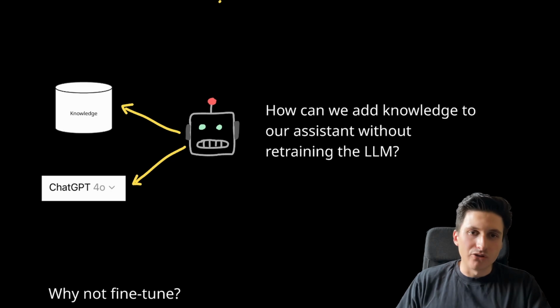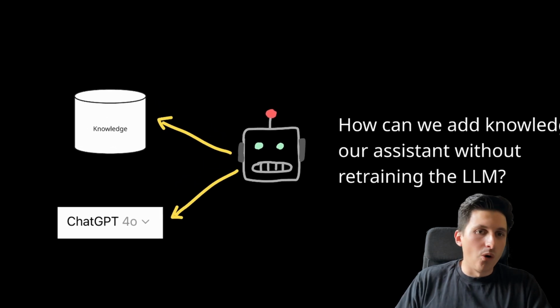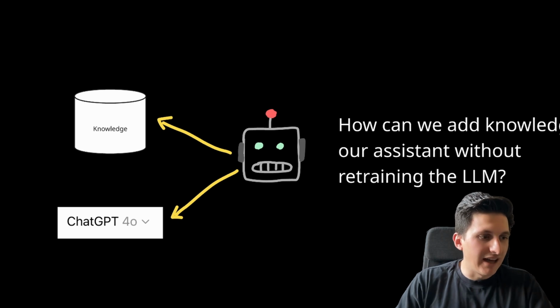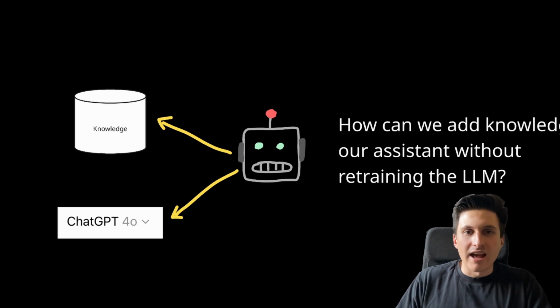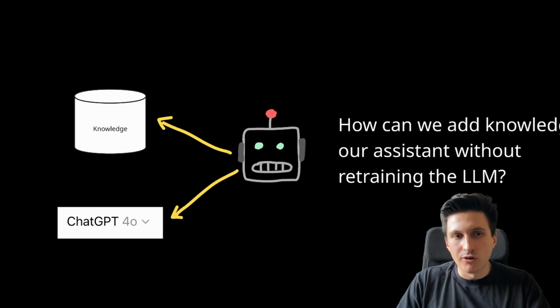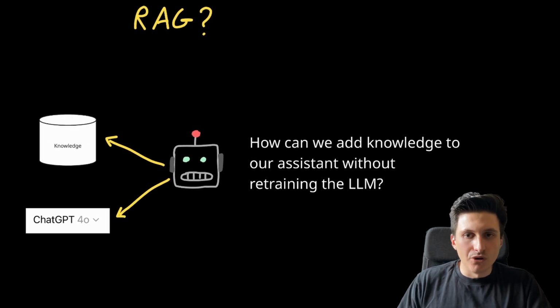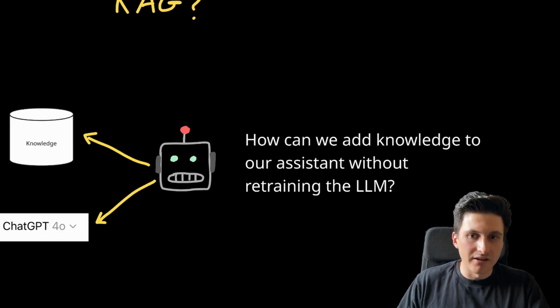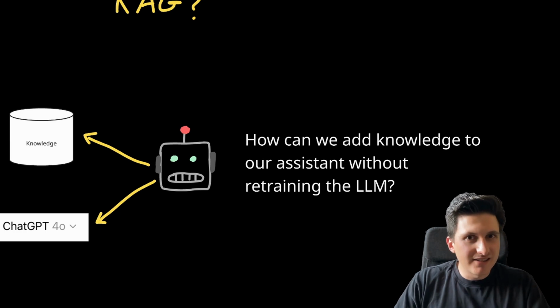Because the LLM went through a pre-training phase where it's seen a lot of knowledge, but it isn't trained on, for example, your specific company data, or let's say you're building a video game and you want an AI that has some knowledge about the video game world you're building. Of course, it isn't trained on that. So how can we add new knowledge to our assistant without having to retrain the entire LLM? RAG is a pattern which you can use to solve this problem, and it is probably used in, I think, most of the GenAI assistants that are currently deployed.